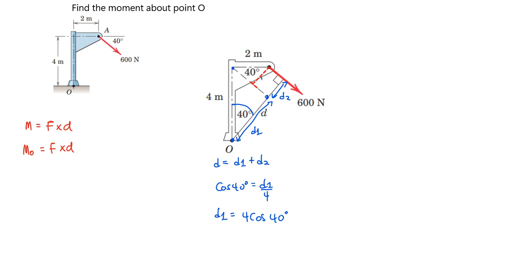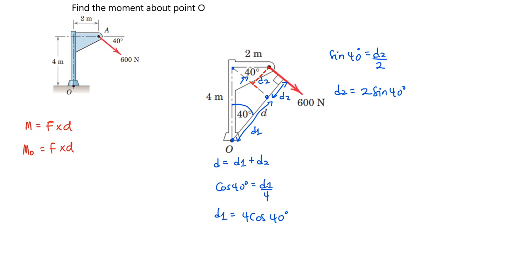So this will also be D2. From here, D2 is opposite to this 40 degrees here. So you're going to see that sine of 40 degrees should be equal to D2 over the 2 meters. So you're going to have D2 to be equal to 2 sine 40 degrees.